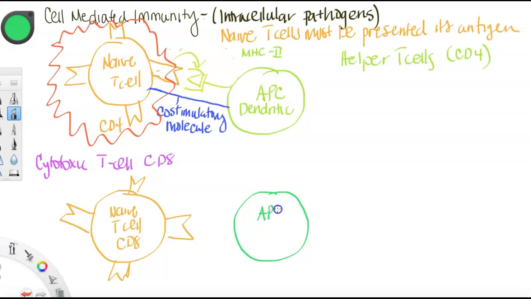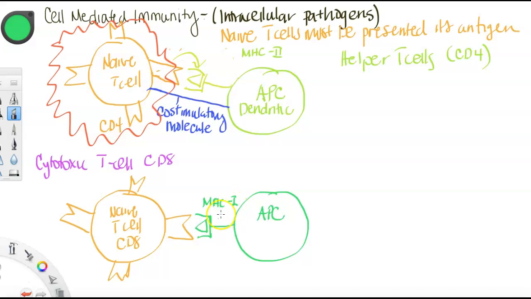So the APC, well, the APC is going to present the antigen on MHC1. Okay, MHC1, remember, MHC1 is on all body cells, and MHC1 is where a body cell is going to post its virus or whatever on its plasma membrane, and that's how that cytotoxic T cell is going to find it and latch onto it, because it knows to latch onto MHC1.